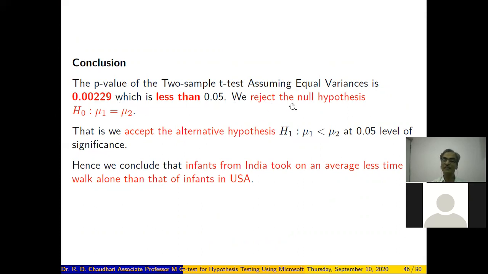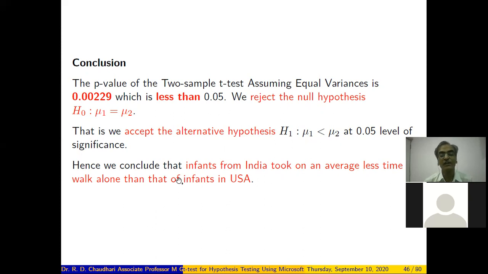Okay, so when we reject the null hypothesis, it means that the complementary hypothesis or the alternative hypothesis H1 mu1 less than mu2 is accepted, right? So it means that the alternative hypothesis is accepted at 5% level of significance. Now, when the alternative hypothesis is accepted, it means that mu1 is less than mu2.